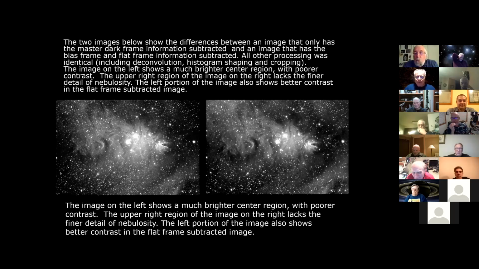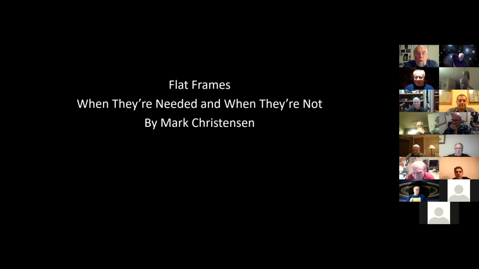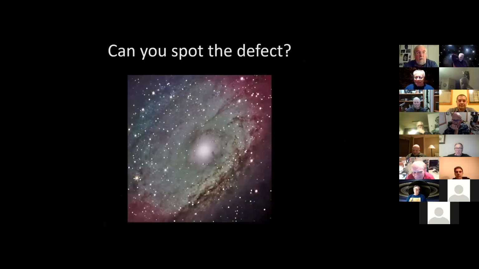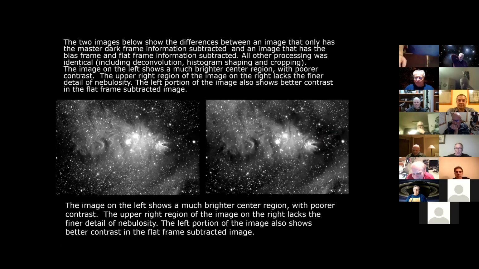Can you give a brief description of what deconvolution is, in case anybody doesn't know? Yeah, let me get the definition out, so I don't say the wrong thing. Basically, deconvolution sharpens up the stars.